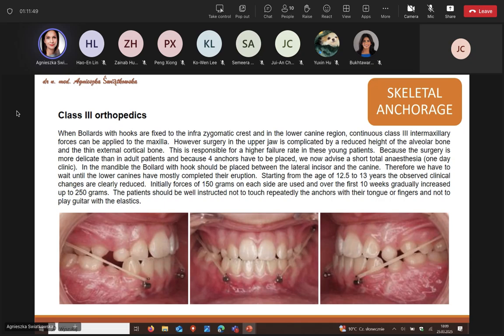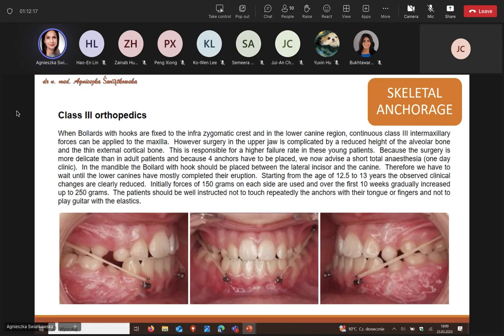If the patient is over 10 years old, we still have the possibility for correction of class 3. But in this situation, we need an operation to place these miniplates and then a next operation to remove them. Nowadays it is also very expensive in our country.